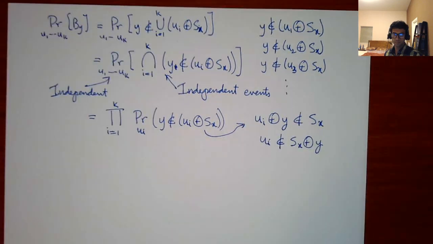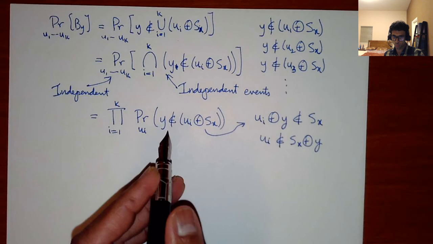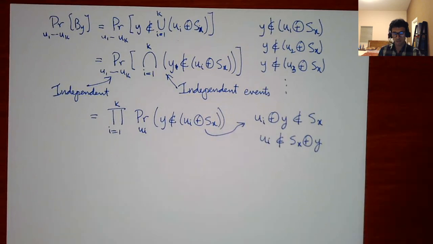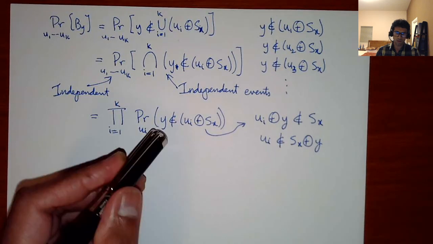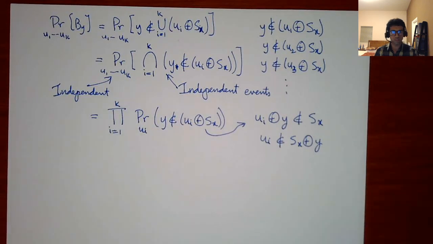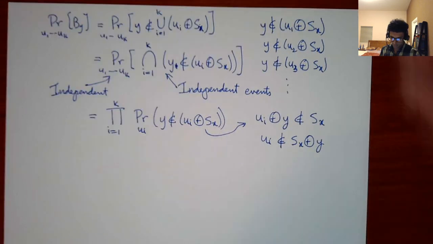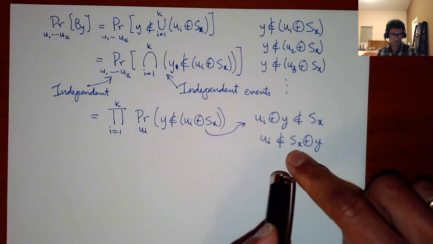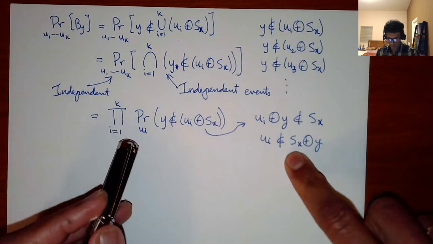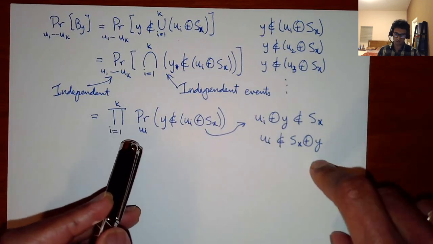I'm just saying that y not being in the shift of ui is the same as ui not being in the shift by y. The reason this is easier to think about is because S of x is fixed with respect to the probabilities, and y is fixed with respect to the probabilities.